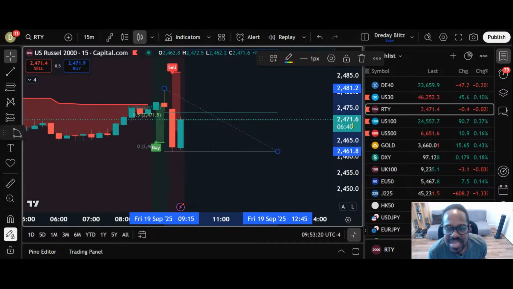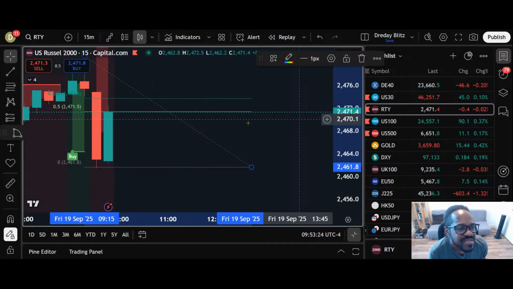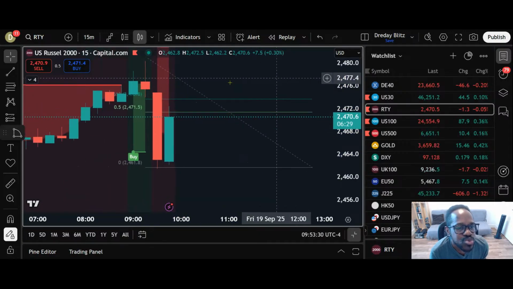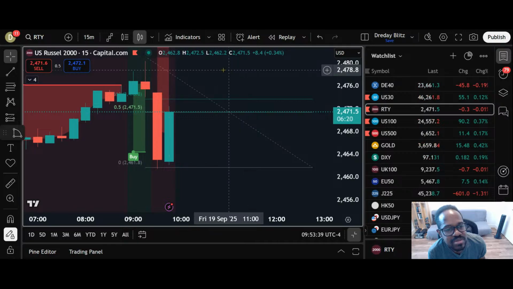So by looking at this, we are at 50%, and you have 61.8. So almost reached 61.8, but it's struggling here to pass the 50%.